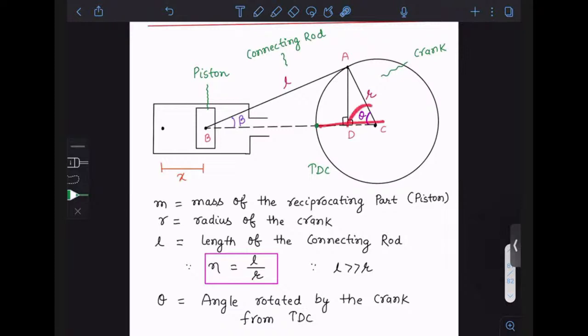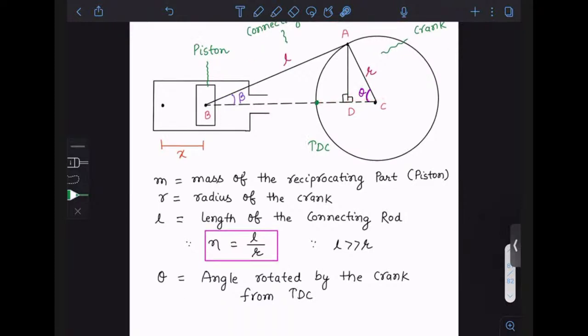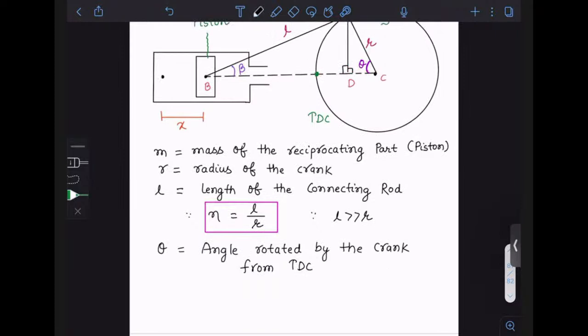That is your theta. Omega is the angular velocity of the crank.